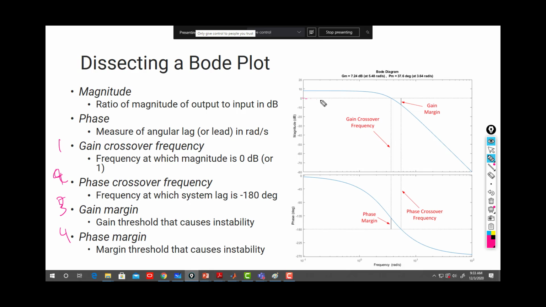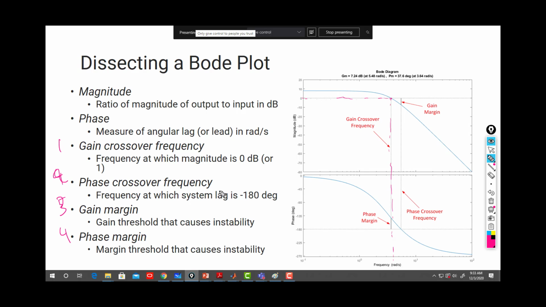So simply you go to 0 decibel and you see the frequency of your curve at it. So if I go here like this, my frequency is here, somewhere around 4. Okay, so this is the gain crossover frequency. Gain crossover frequency is the frequency at 0 decibel.